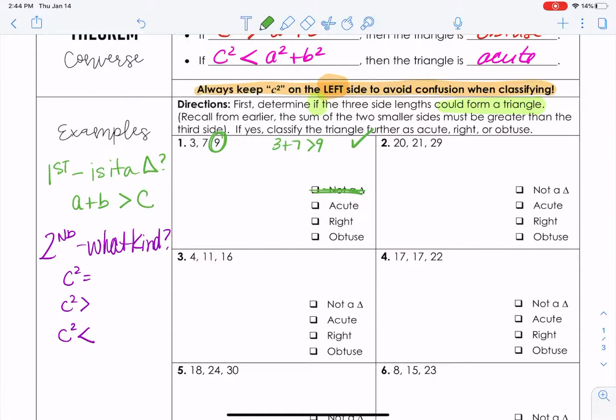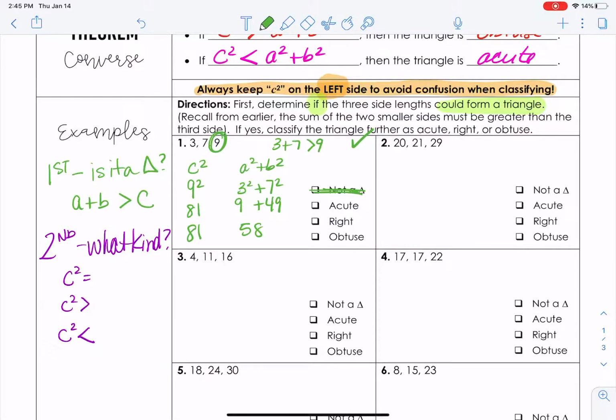So we come back down here, and I have c squared and a squared plus b squared. So c is 9, so 9 squared is 81. A is 3, b is 7, that's 9 plus 49, 81 compared to 58.